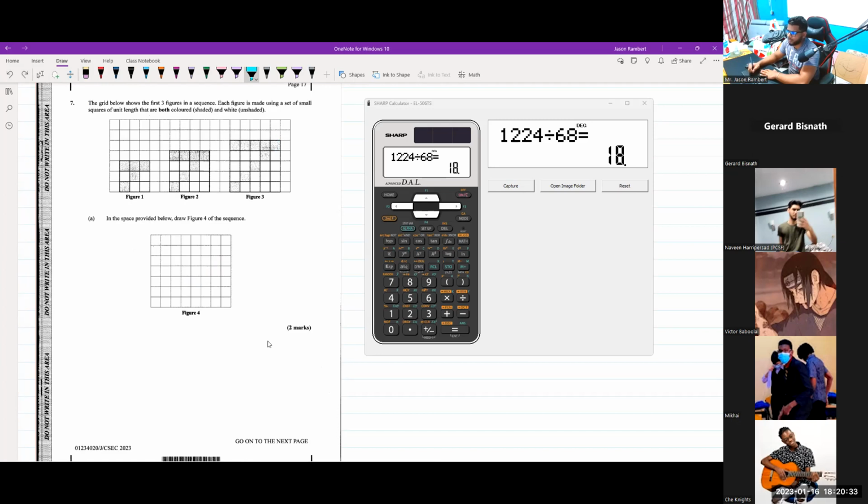Let me check the dimensions of the thing. 1, 2, 3, 1, 2, 3, 4, 1, 2, 3, 4, 5. So this could be 1, 2, 3, 4, 5, 6, and coming down the row here. Right, that will be accepted.